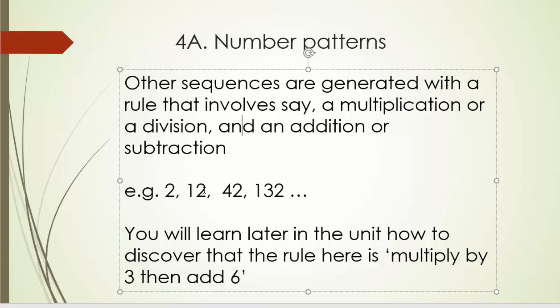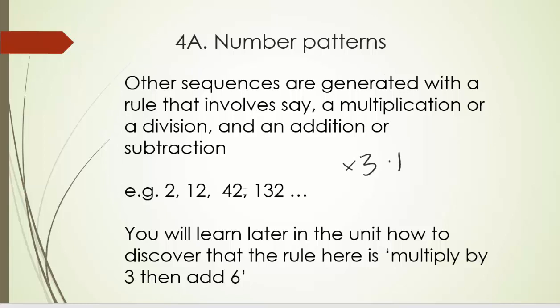Let's just check if that was right. 3 2s are 6 plus 6 equals 12. 3 12s are 36 plus 6 is 42. That's worked so far. You should always check a sequence works with all the numbers you've been given. 3 42s, 126 plus the number 6 makes 132. So the rule here is times by 3, then add 6.